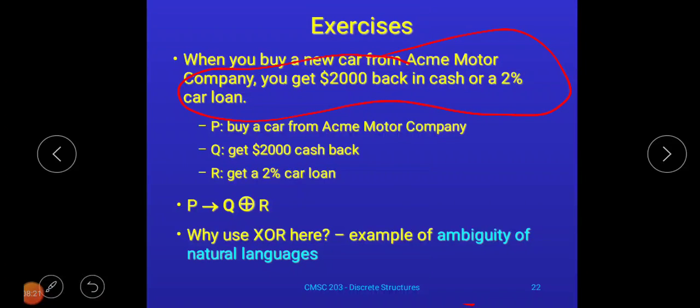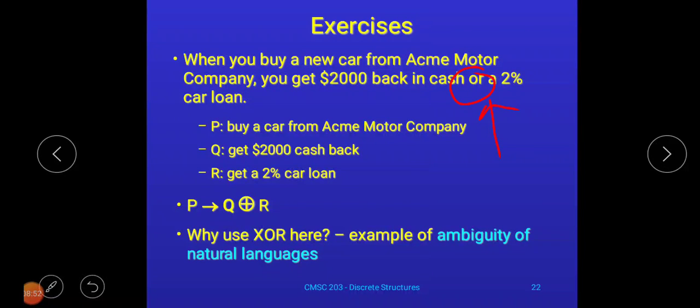Here you have to concentrate on the intensity of this OR. Okay. I just want to revise because it is slightly confusing. Yes, this point is confusing to understand. Okay. Try to understand this point logically. If you concentrate on this OR, we get the feeling that if someone buys a car from Acme Motor, then he will either get $2,000 back or 2% car loan.